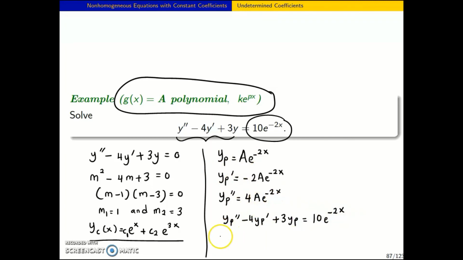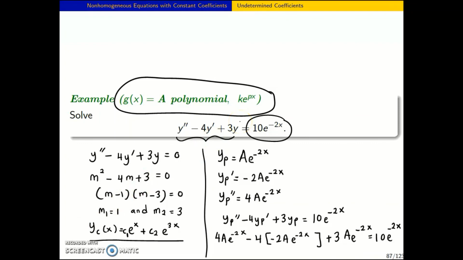So 4A e to the negative 2x minus 4 times negative 2A e to the negative 2x plus 3A e to the negative 2x equals 10 e to the negative 2x.